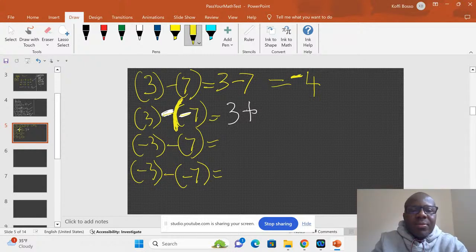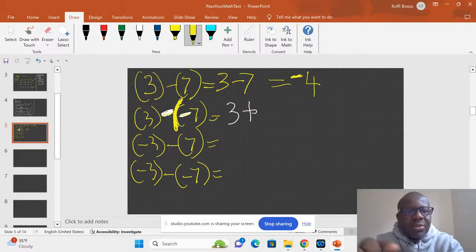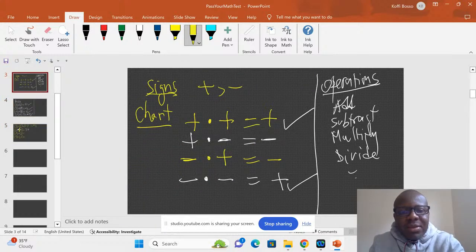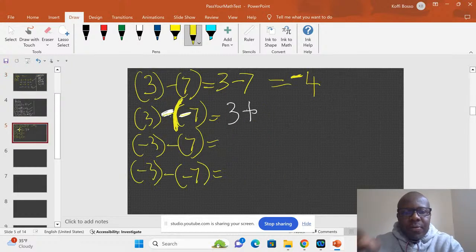So it's like we want to multiply negative sign by negative sign. And remember, from the chart, negative multiplied by negative is positive. So I will have 3 plus 7, and the answer is 10. So 3 minus negative 7 is the same as 3 plus 7, which is 10.